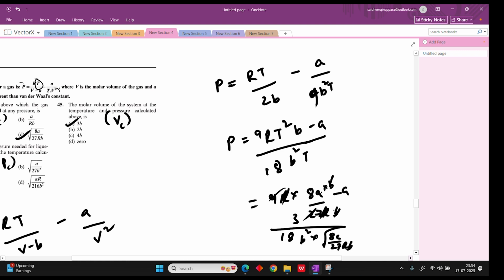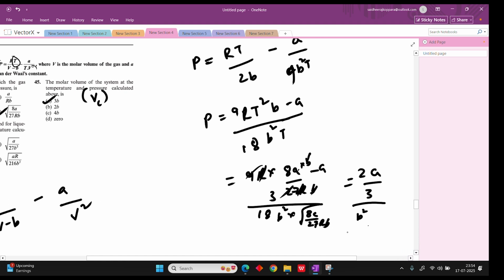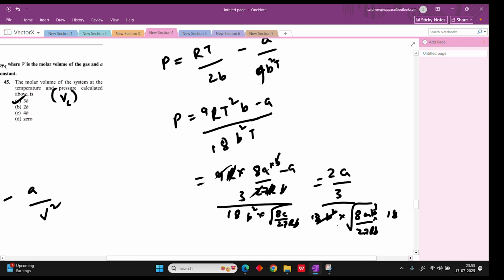So it's equal to 2A by 3 times B square into 18 is here, 8A by 27RB. So here you will be having the factor of B cube, and inside it's going to be 18 square.